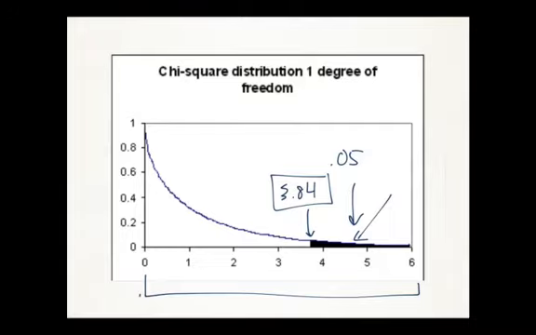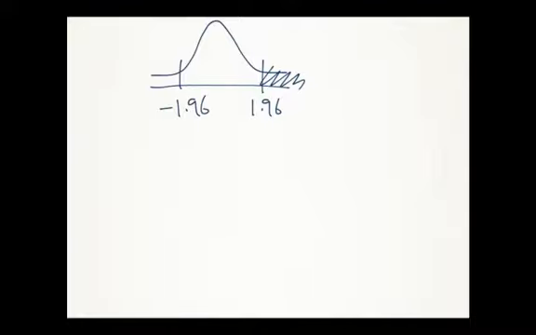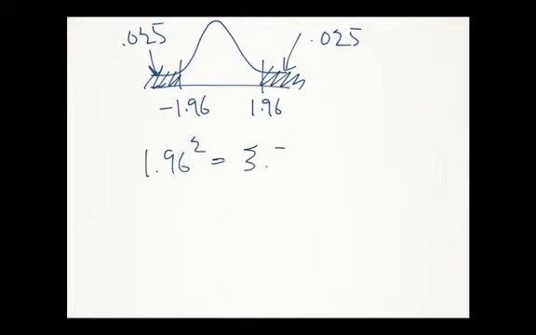You'll remember, let's get a little bit more intuition for this. You'll remember when we had the normal random variable, right? We said that if we have 1.96 here and negative 1.96 here, that this was 2.5%, and this other side was 2.5%, so that together it added up to our 5% that we wanted, right? Well, it turns out that if you take 1.96 and square it, you get 3.84, which we just said is our magical value for the chi-square distribution.